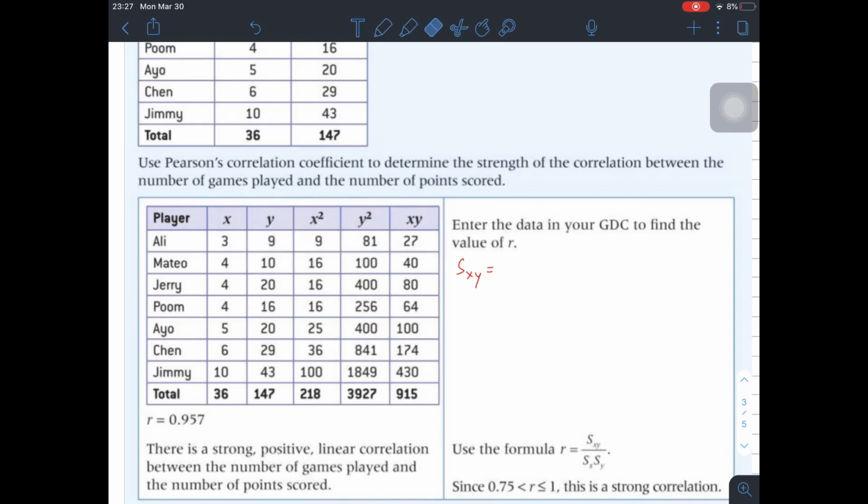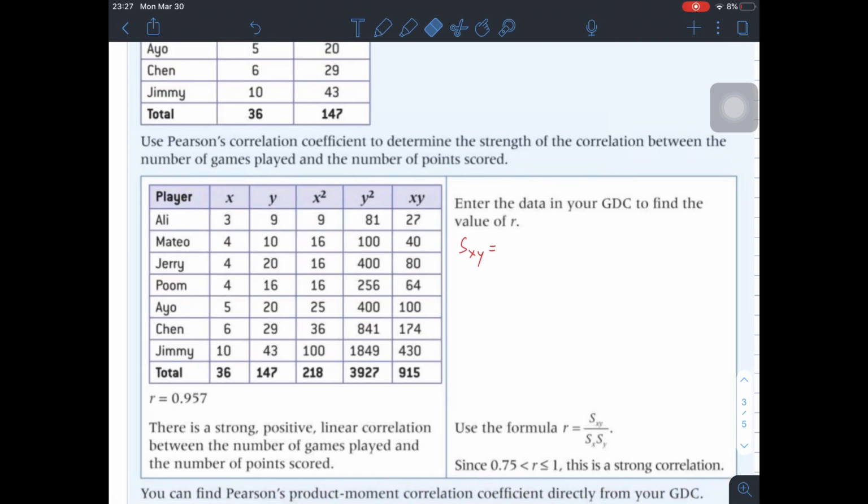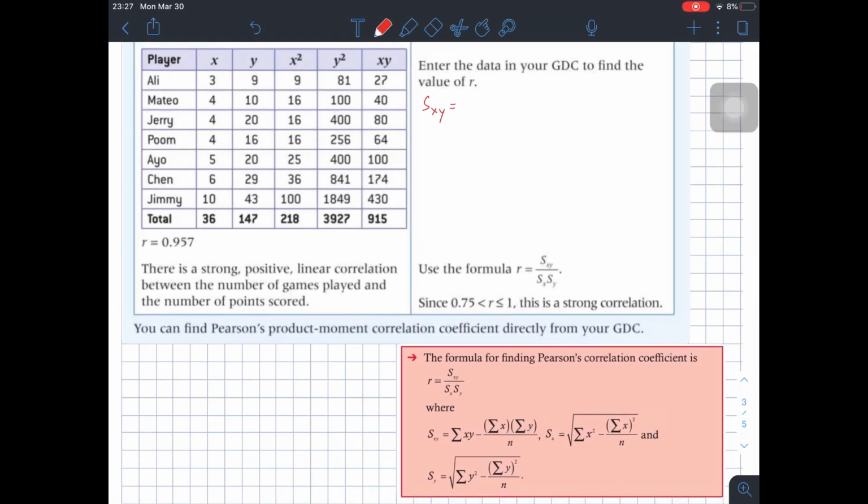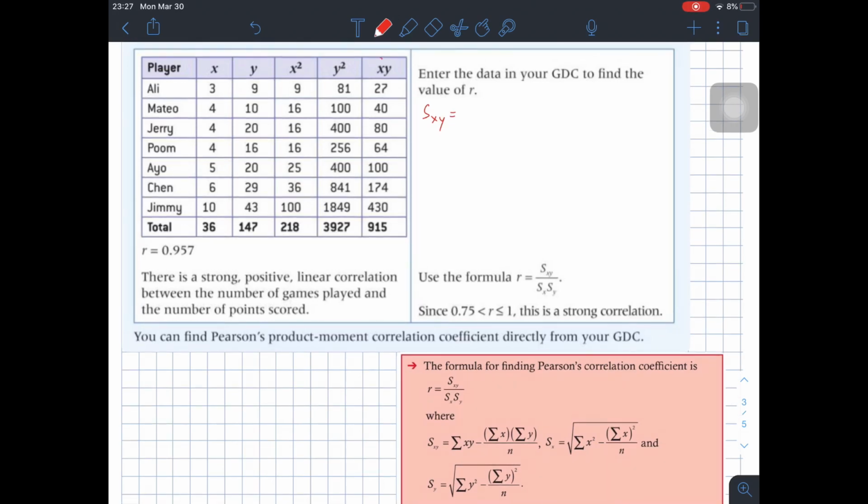And last, in order to calculate xy, what do we need to do? We need to multiply x times y. 3 times 9 gives us 27, 4 times 10 gives us 40, 4 times 20 gives us 80, and so on, okay? So we calculate all of those parameters, which we're going to use to apply them to the formula, right? So the formula says that the covariance of xy equals the addition of xy, so we need to go to this column, and we find that the addition is this term over here. This is the sum of all of these values.